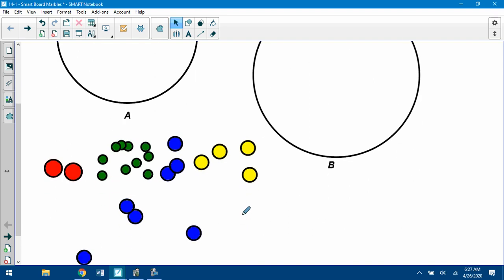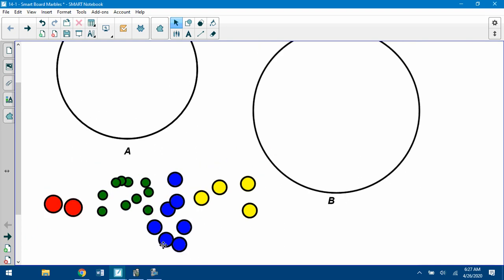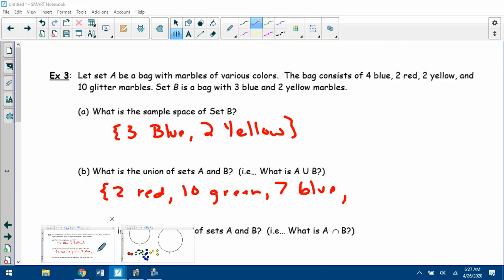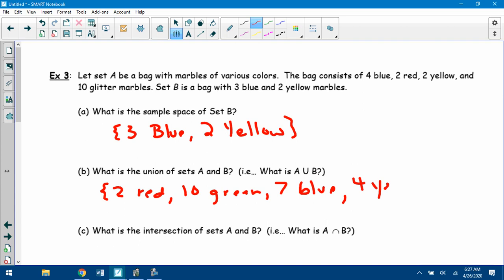Okay, so my blues kind of went all over the place. Union is what you get if you just dump everything out. And obviously you could get that without a picture, just by figuring out how many total blues I have, 7, how many total yellows I have, 4, my total reds, total glitters.